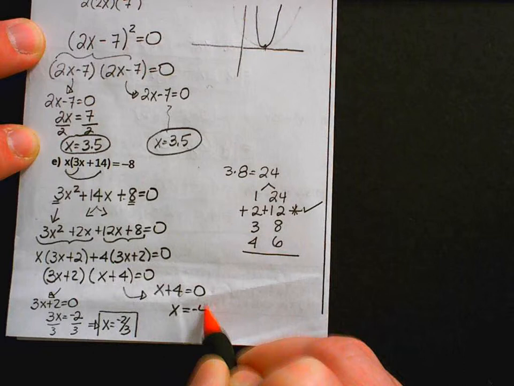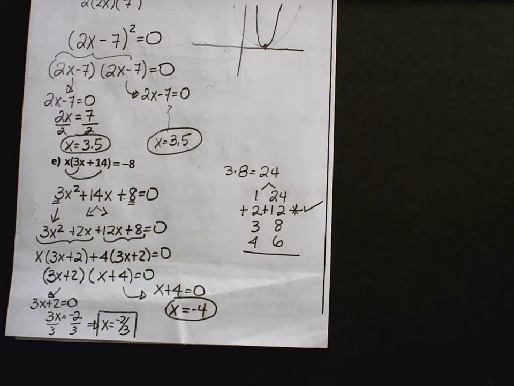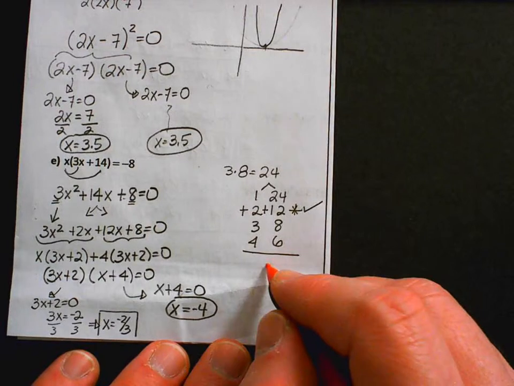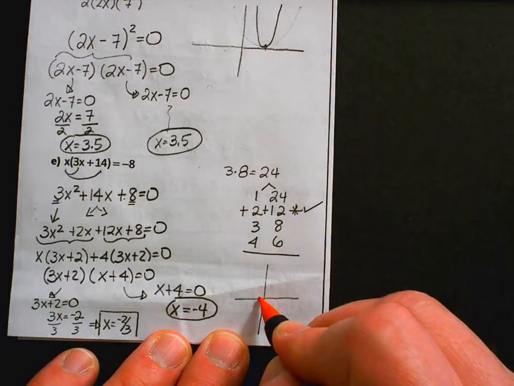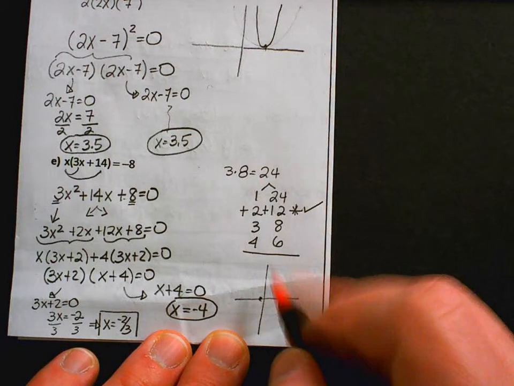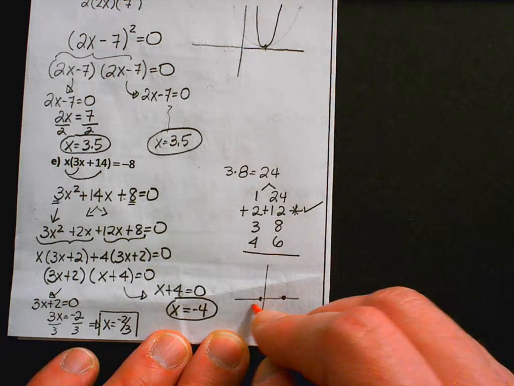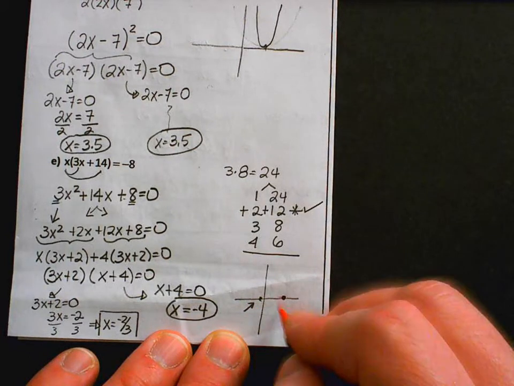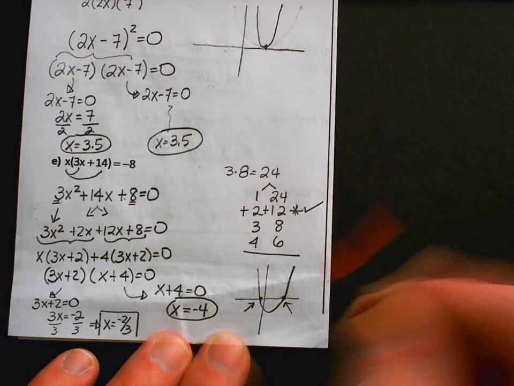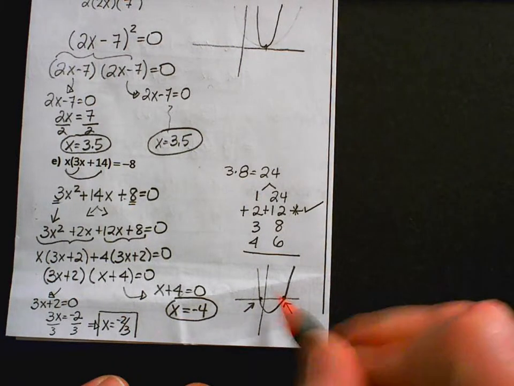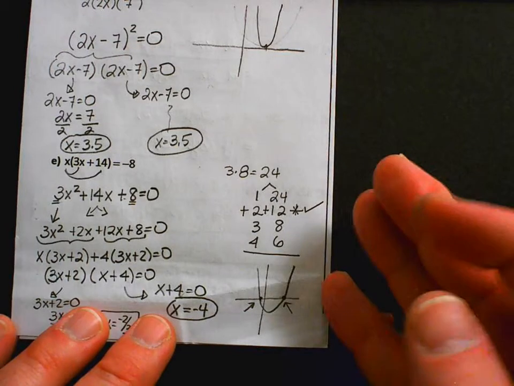Move the 4. x equals negative 4. So there we go. Again, this is a quadratic function, which basically has two x-intercepts, one at negative 2/3 and one at negative 4. You don't have to graph this, I'm just giving you an idea of what's happening.